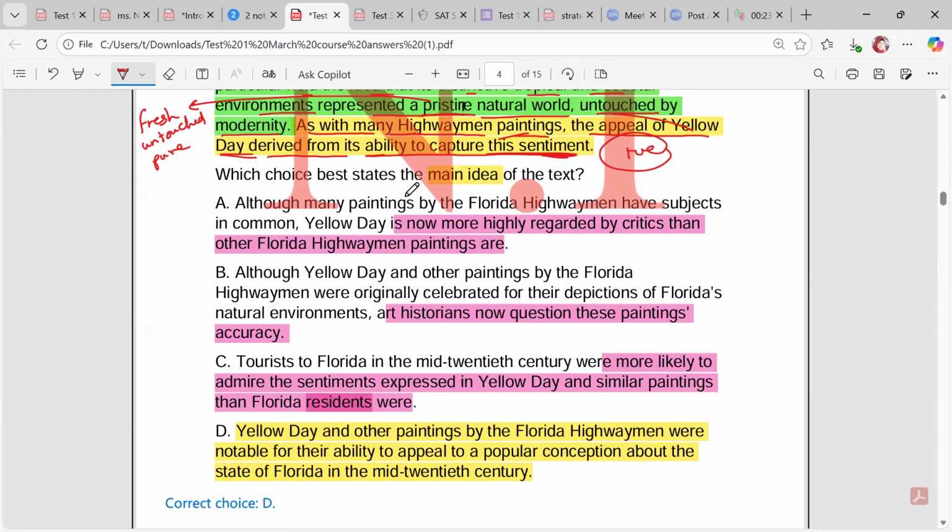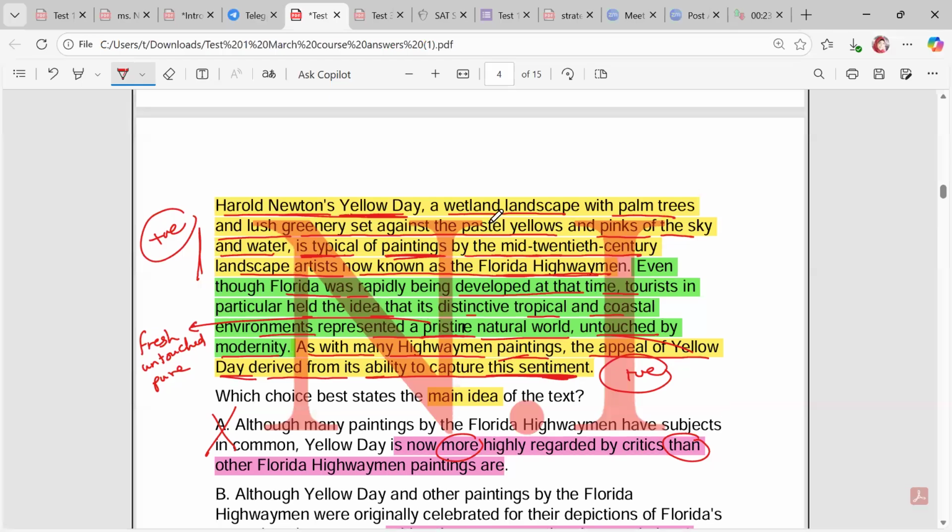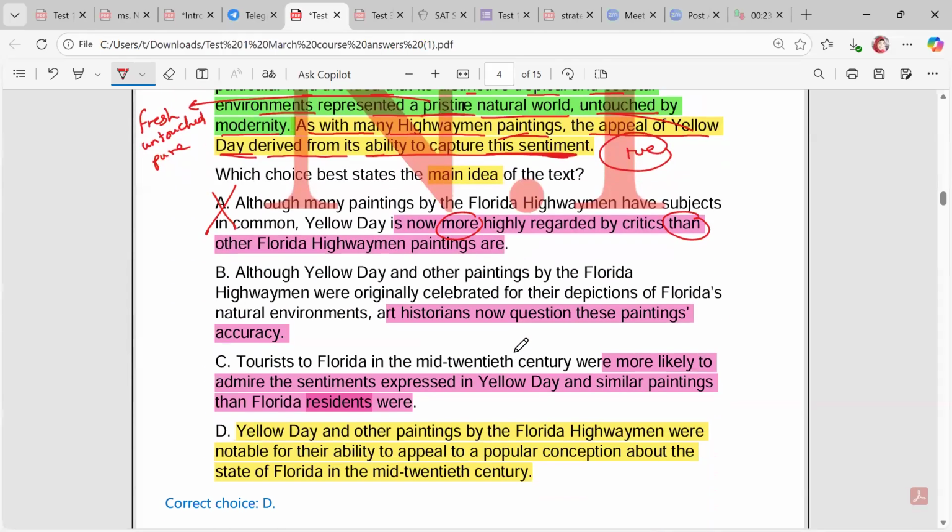Although many paintings by Florida Highwaymen have subjects in common, Yellow Day is now more highly regarded by critics. This is wrong because I don't have this comparison here; more highly regarded by critics is not mentioned.